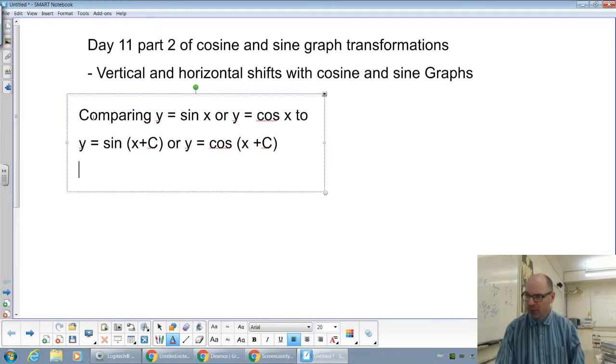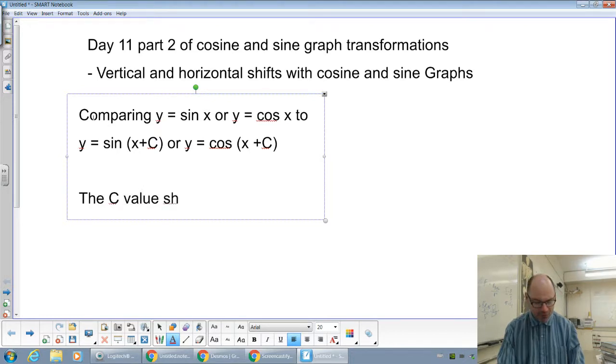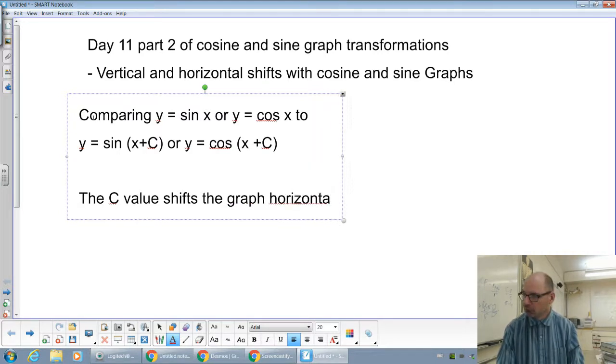Okay. And what we can say is the c value shifts the graph of sine or cosine, we'll just call it the graph, horizontally. Okay.